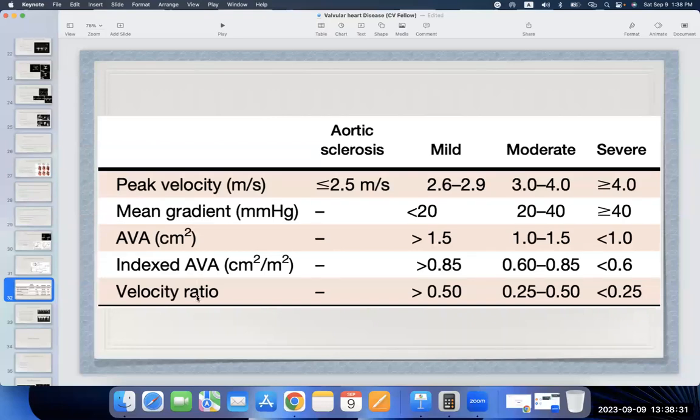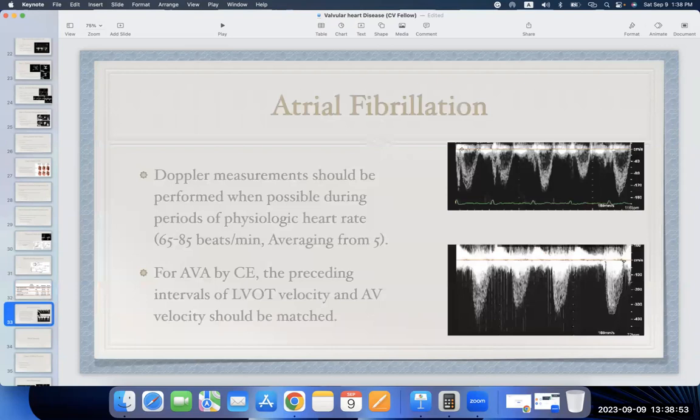And here the velocity ratio, which basically we divide the maximum velocity of the LVOT by the maximum velocity of the aortic valve. You can also use the VTI instead of velocity, so you can divide the LVOT VTI by the aortic valve VTI.